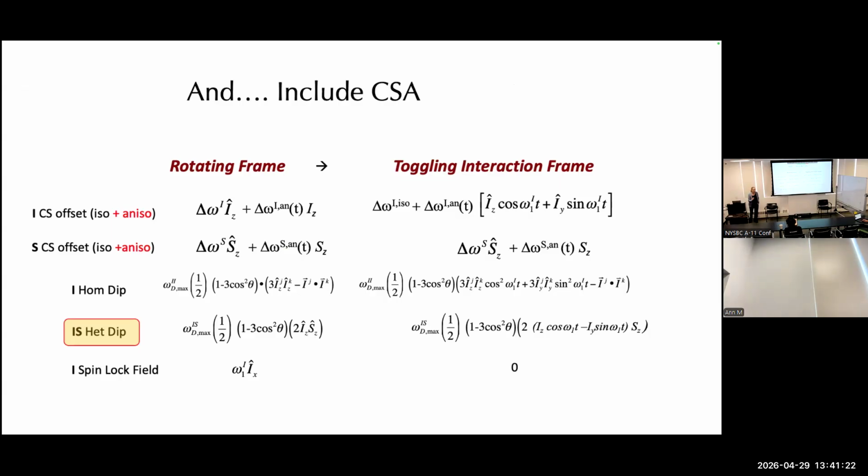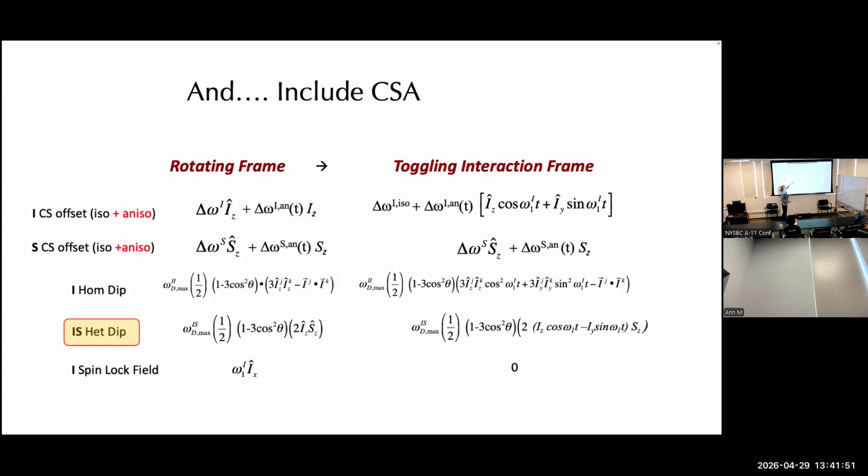But back then, I left out the CSA. I said this is an intense problem for your first introduction to average Hamiltonian theory, so leave out the CSA for the first time. I need to put it back in for this problem. So in this row, in the last slide, I just had this. Now I have this plus this. Isotropic shift is an I-Z type operator.